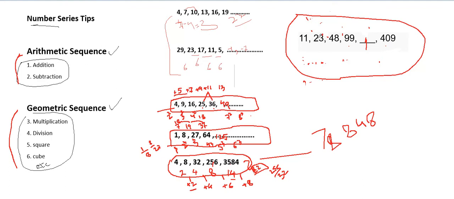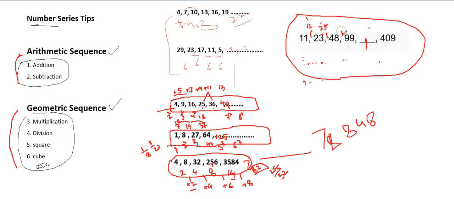So let's see, 23 minus 11 is actually 12. 48 minus 23: 8 minus 3 is 5, and 4 minus 2 is 2. So 25. This distance is 25. This distance is 12.